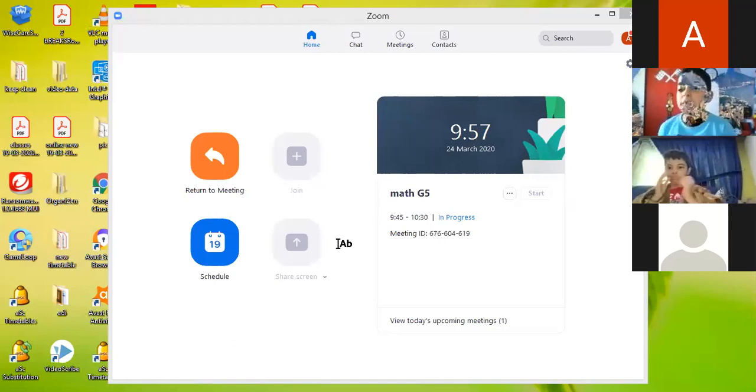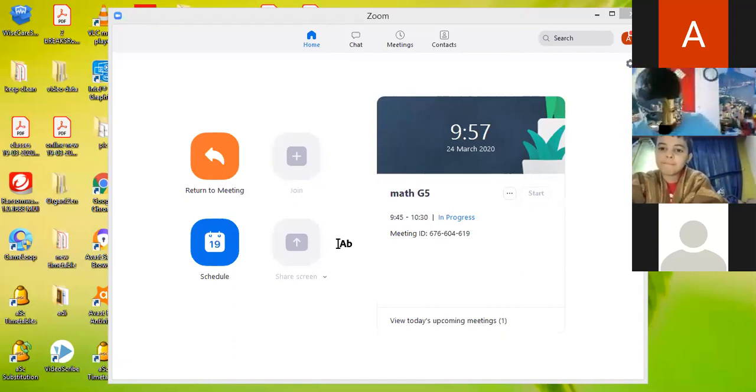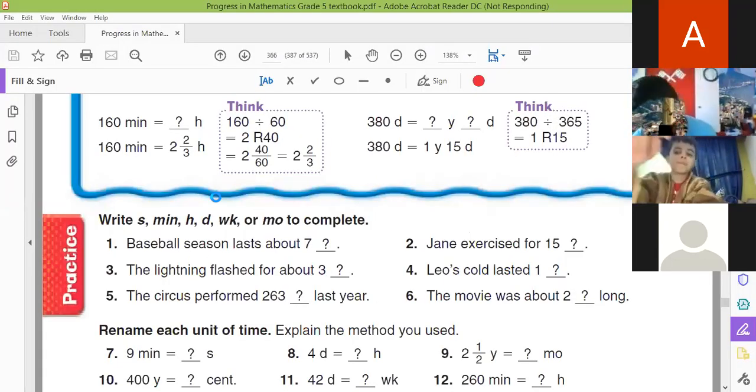Excellent. Teacher, where is it? We saw your screen, not the book screen. Just like this.